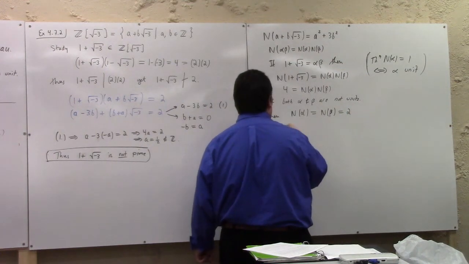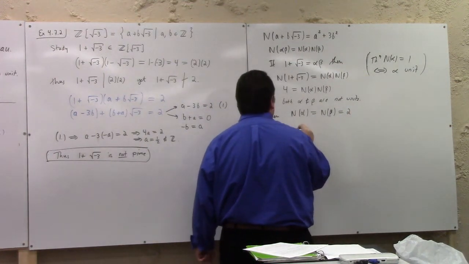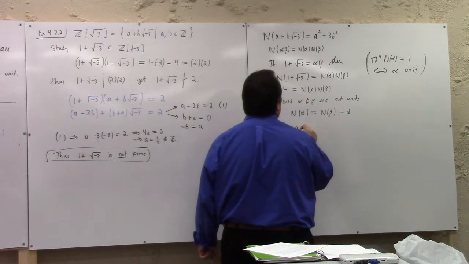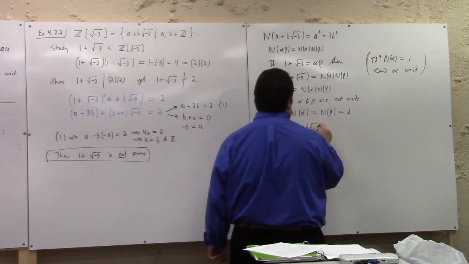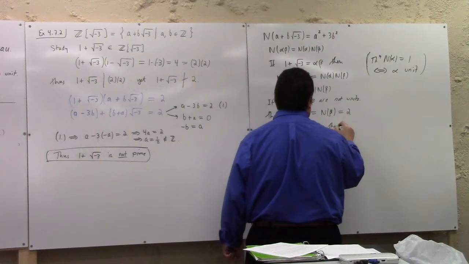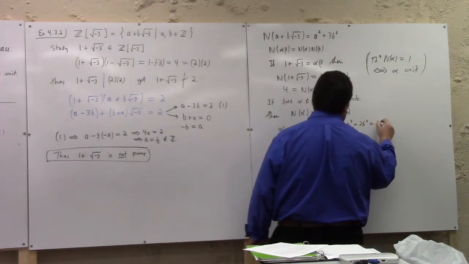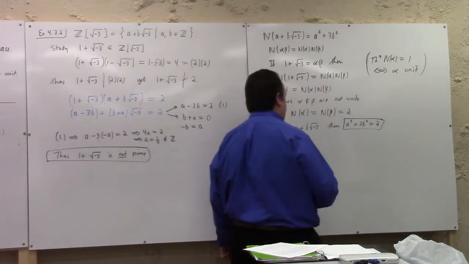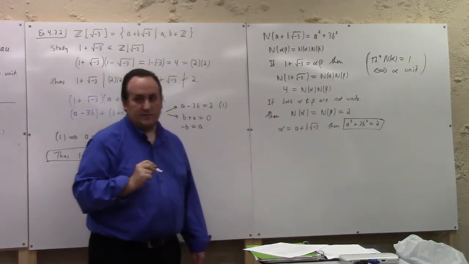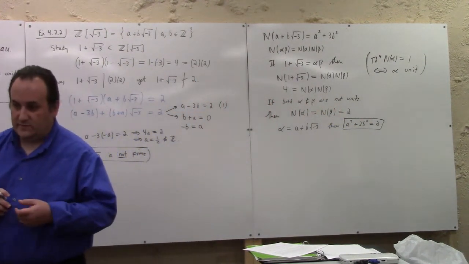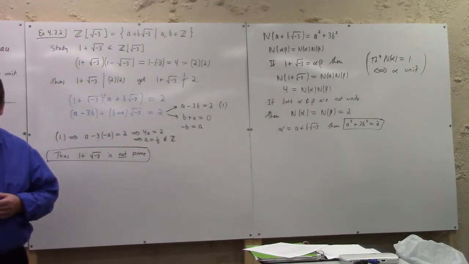Then let's get into the details: if alpha is equal to a plus b square root of minus 3, then we have a squared plus 3b squared equals 2. But that equation has no integer solutions. To figure that out, just try cases.